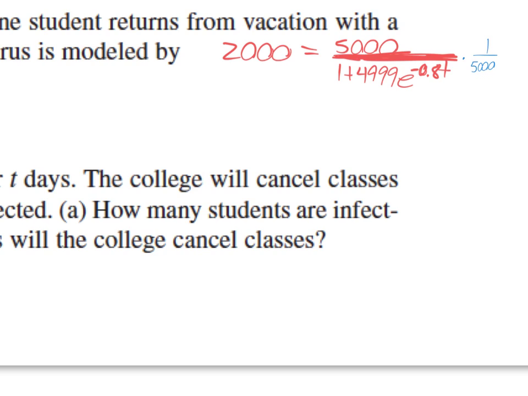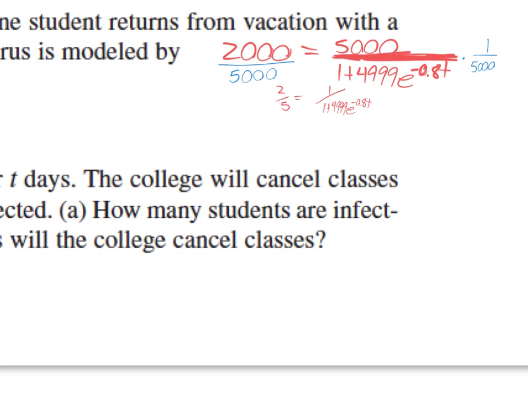That's the same thing as dividing by 5,000. So I have now 2/5 equals 1 over 1 plus 49.99 e to the negative 0.8 t.